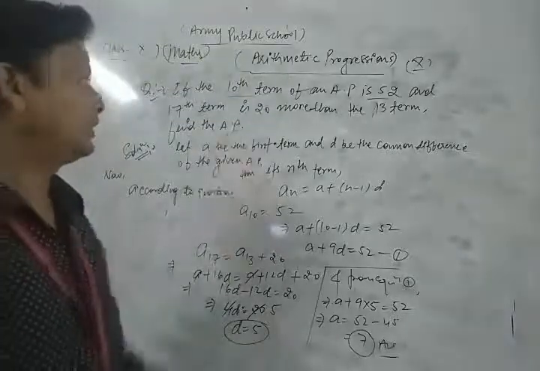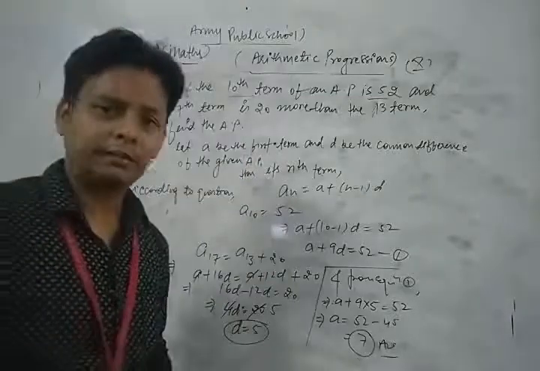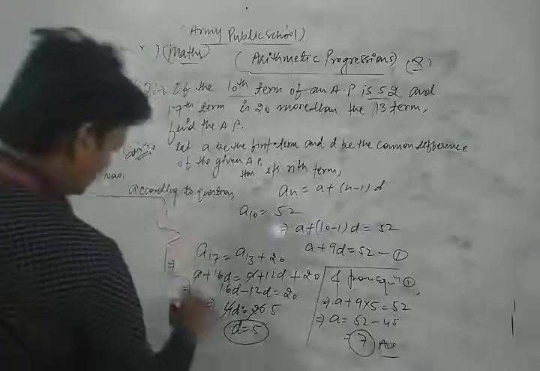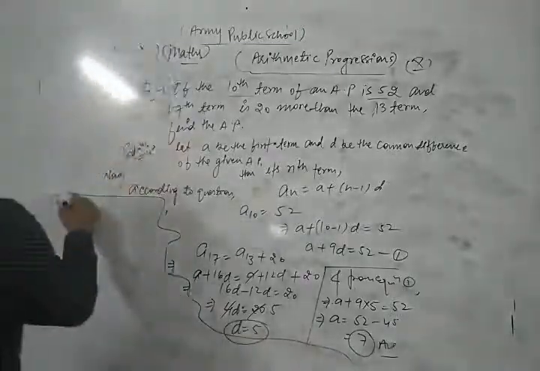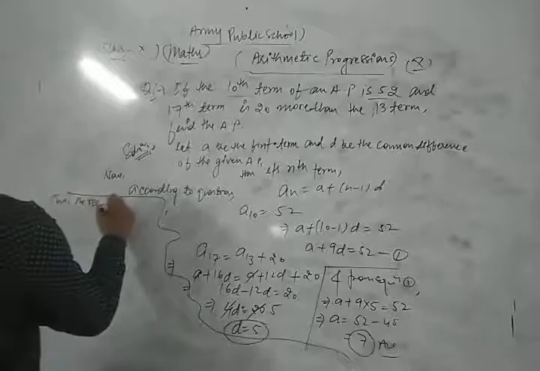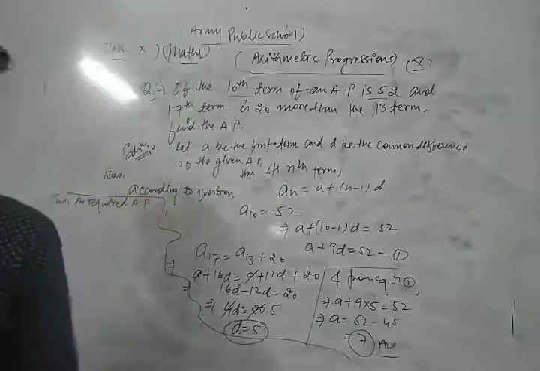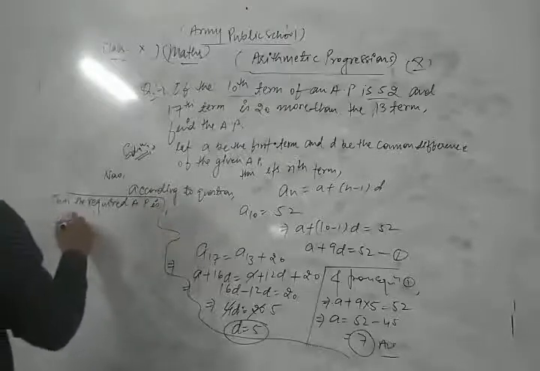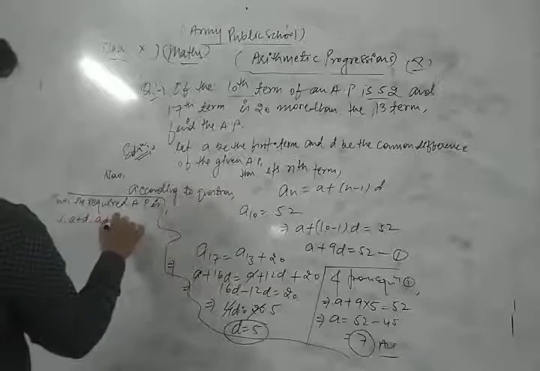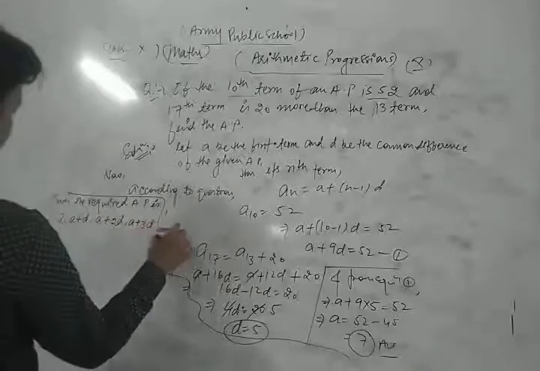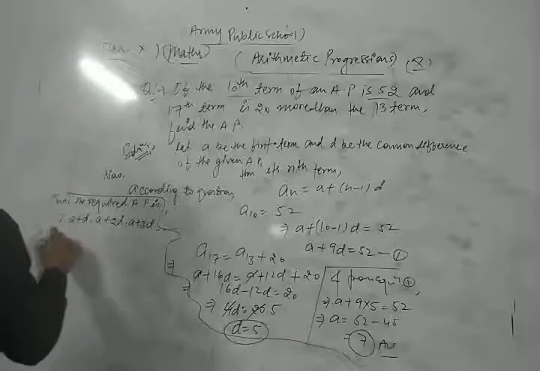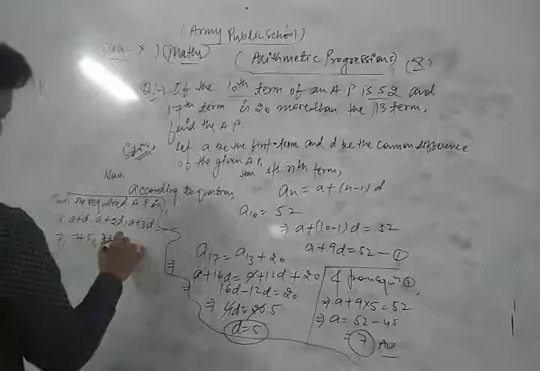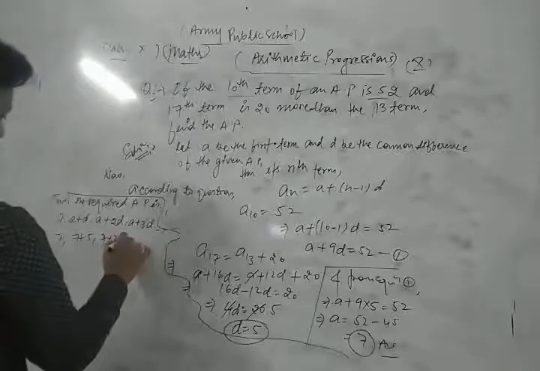Now we find the AP. The required AP is of the form a, a plus d, a plus 2d, a plus 3d, and so on. a is 7, so 7, 7 plus 5, 7 plus 2 into 5, and so on.